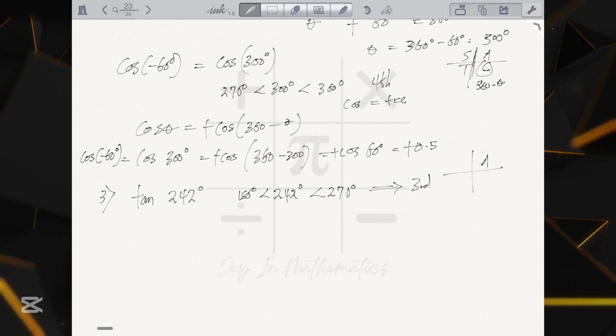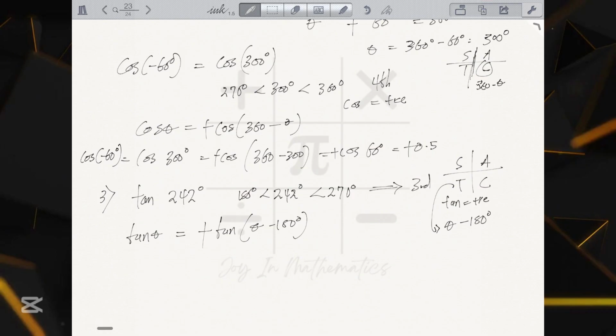And in the third quadrant, according to All Students Take Coffee, only tan is positive. And the acute angle formula in the third quadrant is theta minus 180 degrees. So tan theta in the third quadrant is equal to positive tan of theta minus 180 degrees.